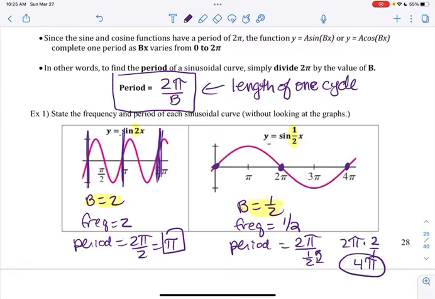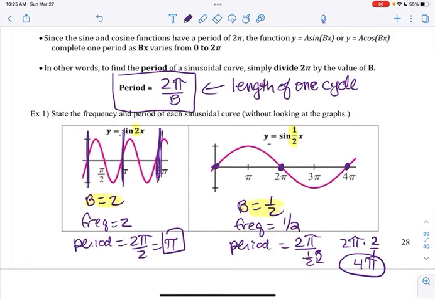So it's different than b and it's different than my frequency. My frequency, or my b, is what happens between 0 and 2 pi, because that's a normal cycle. In this particular case, I only have half of a cycle. My period is how long it takes to have one complete cycle.